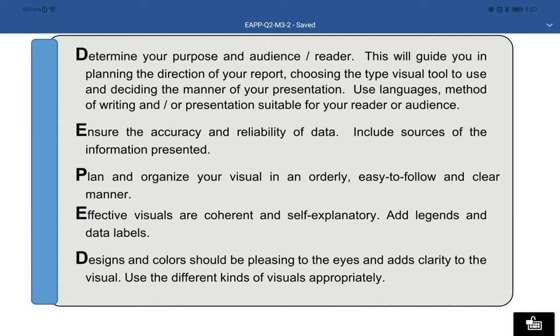Use languages daw, method of writing, and or presentation suitable to your reader or audience. Syempre, kapag ang magbabasa ay mga high school students or elementary students, gamit ka ng medyo madali-daling graphic organizer. Hindi masyadong komplikado. Okay?